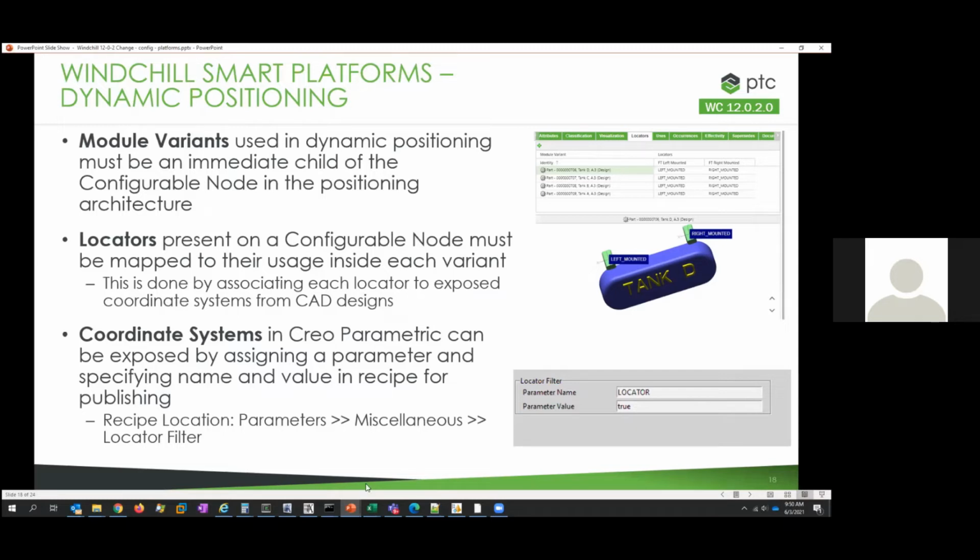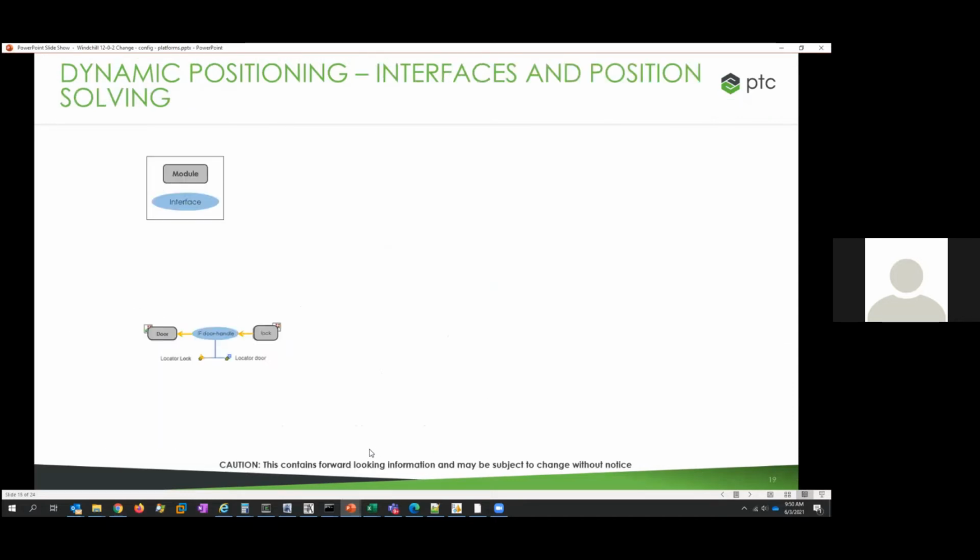All right, so let's walk through a 2-minute example of conceptually how this works, and then I'll round it out with a quick demonstration. So when I'm building up this positioning architecture, we start with the configurable nodes, which is in this case a door and a lock.